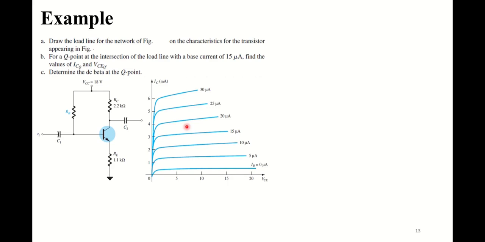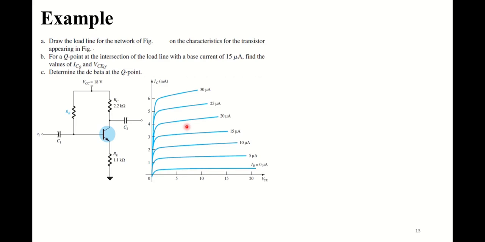In part A, we are supposed to draw the load line on the given output characteristic curve by following the guidelines as discussed on the previous slide. As already discussed, we need to find 2 points to draw a load line. One of those 2 points will be on the y-axis, where VCE is equal to 0 volts, and the second point will be on the x-axis, where IC is equal to 0 amperes.